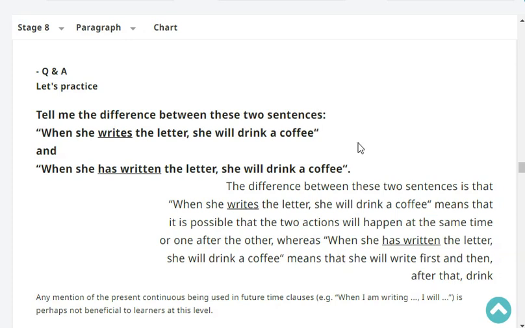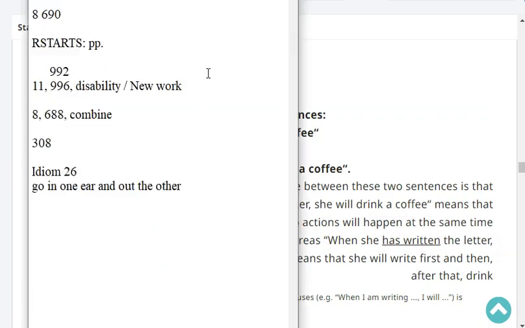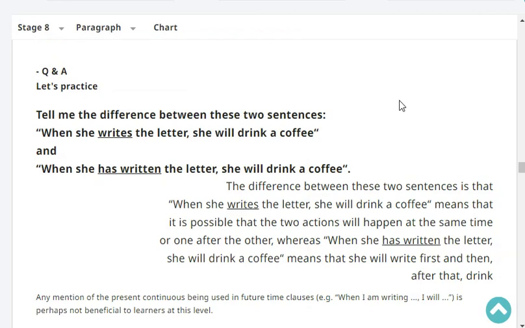The difference is that when she writes a letter, she will drink a coffee means that it is possible that the two actions will happen at the same time or one after the other, whereas when she has written the letter, she will drink a coffee means that she will write first and then, after that, drink.